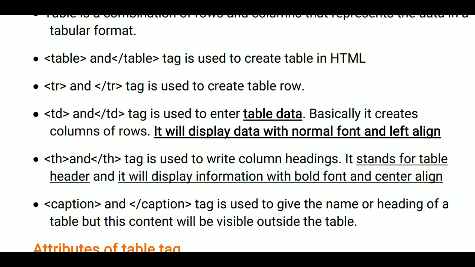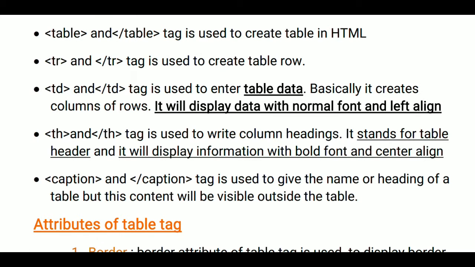Next is the caption tag. What is the use of caption? It is used to give the name or heading of a table, but this content will be visible outside the table border, not along with the table.